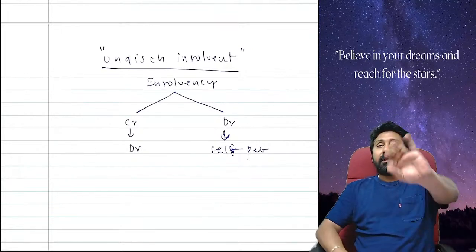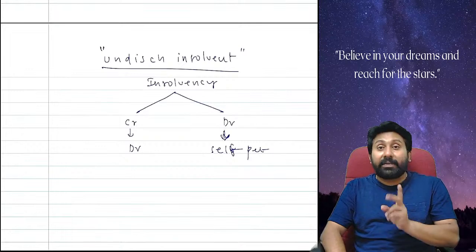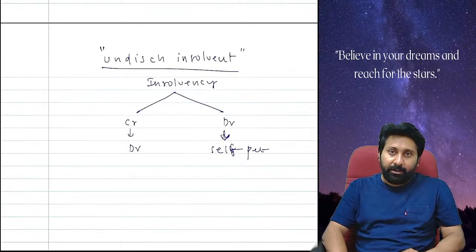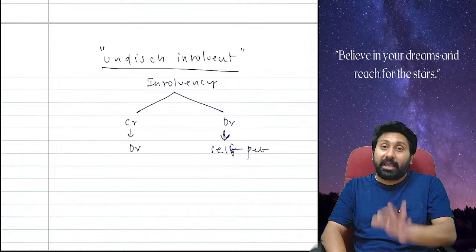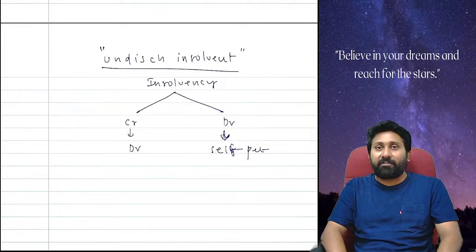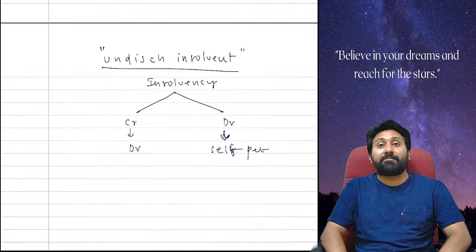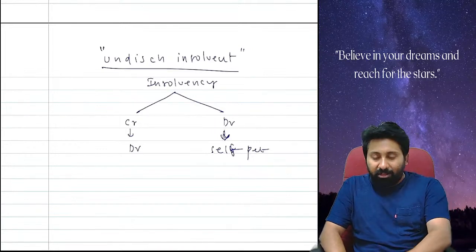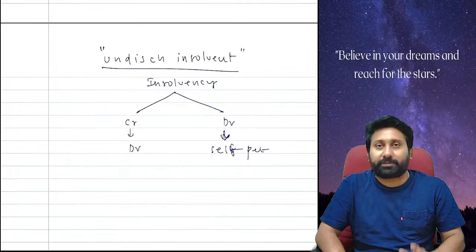There are two types: creditors putting a complaint, debtors making a self-complaint. Creditors putting a complaint, sections 7, 8, 9 of the Insolvency and Bankruptcy Code will apply. Debtors filing a complaint against themselves, section 10 covers it. All these are covered by a separate act of parliament called the Insolvency and Bankruptcy Code.